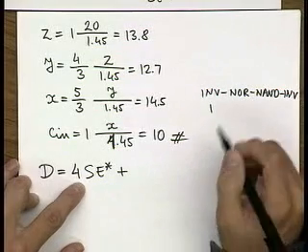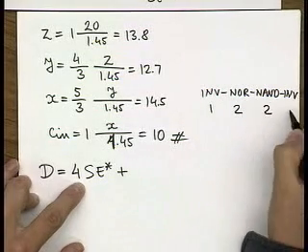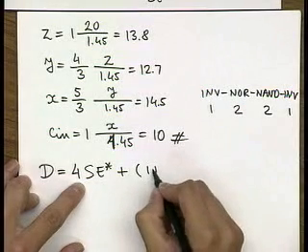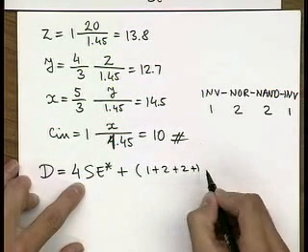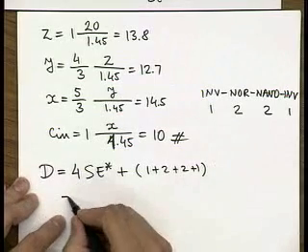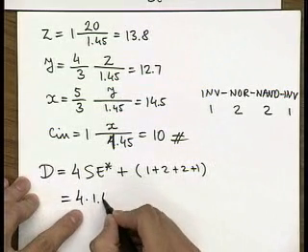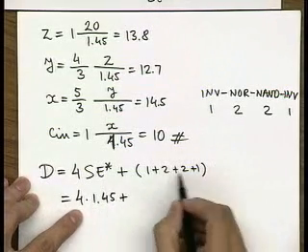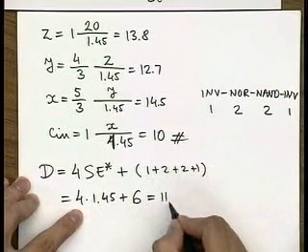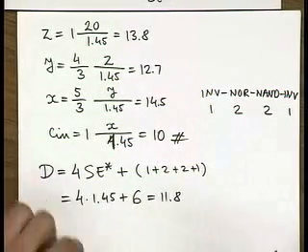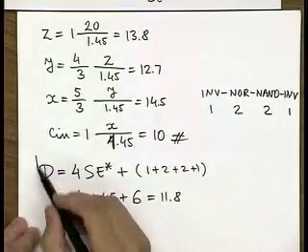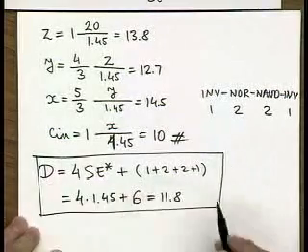Parasitic delay for the inverter is 1, then 2, 2, 1. So we have 1 plus 2 plus 2 plus 1. That is equal to 4 times 1.45 plus 6, which is 11.8. And you are done. That is your minimum delay.